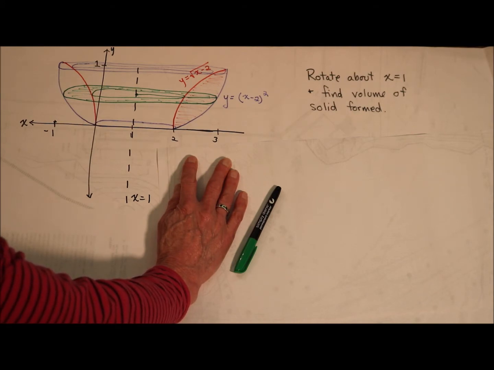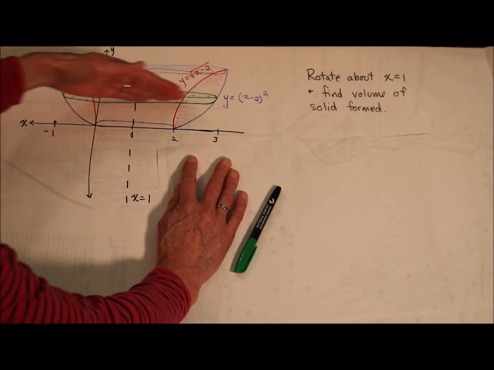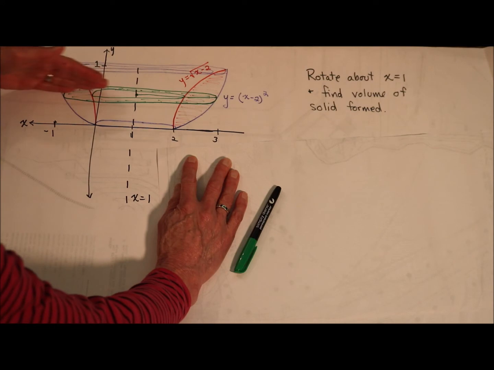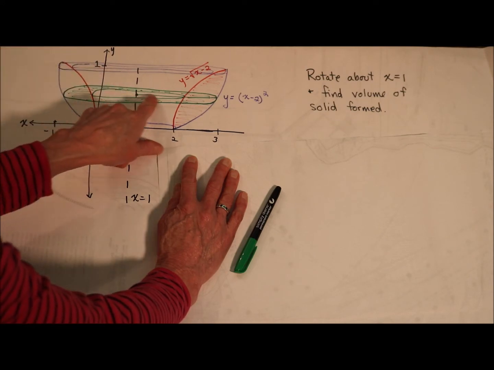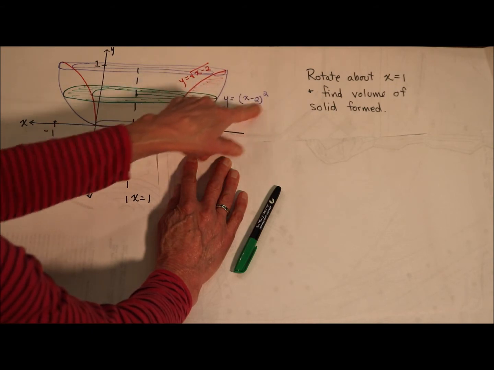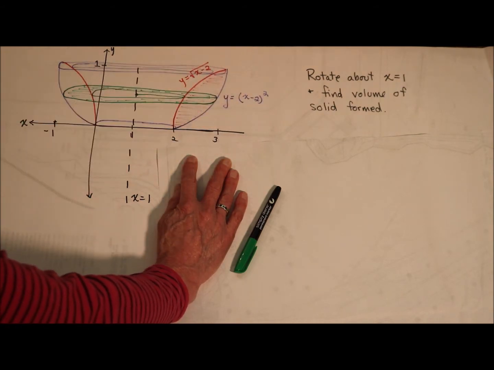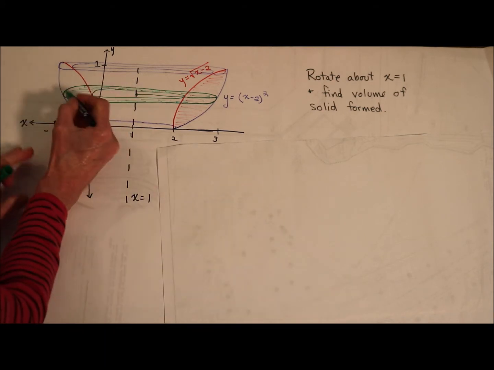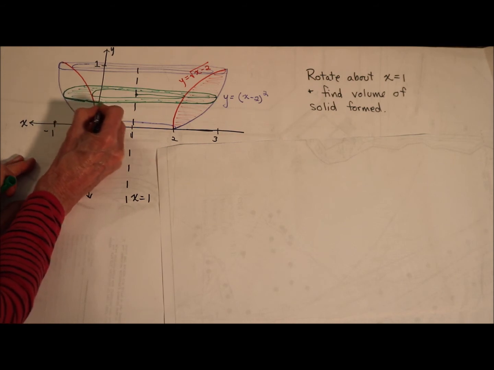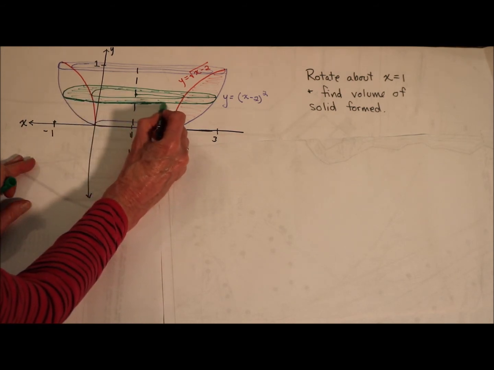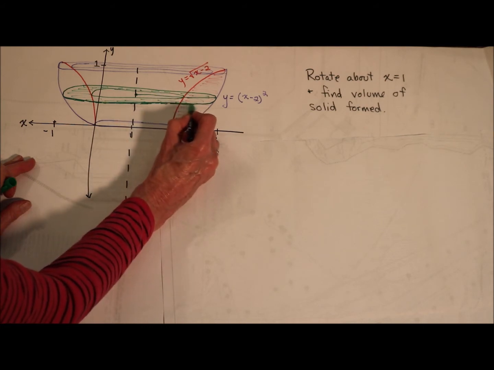So all my slices, for them to be circles, have to be horizontal, which means to find that radius, I'm going to need these functions to be expressed in terms of y instead of in terms of x. And the thickness of this washer is going to be the change in y, or dy.